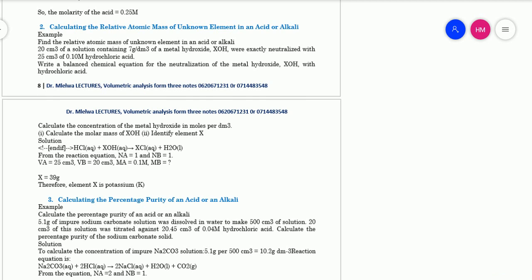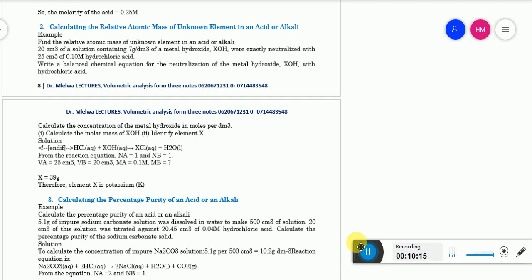Let me demonstrate here what I am talking about: calculating the molarity of base from our normal formula.